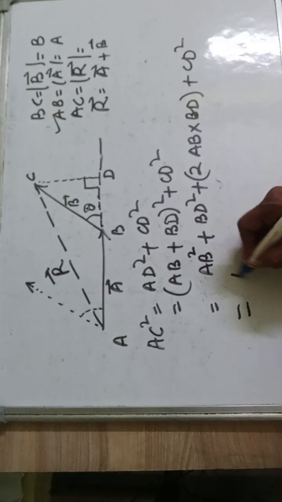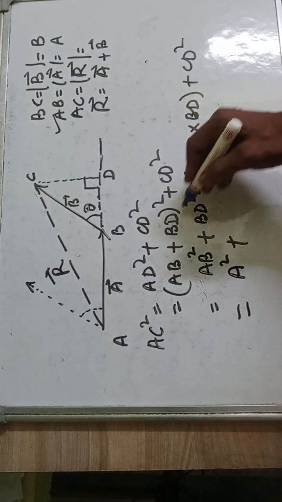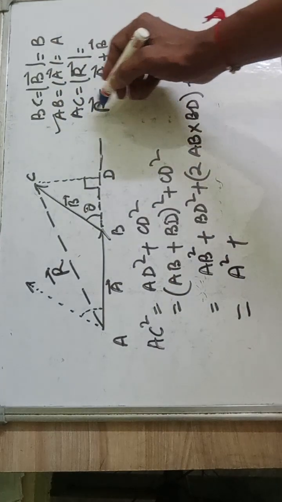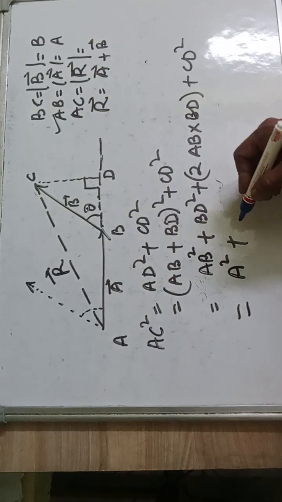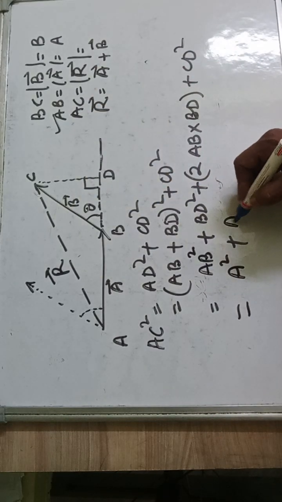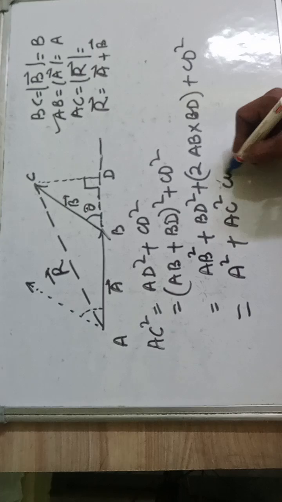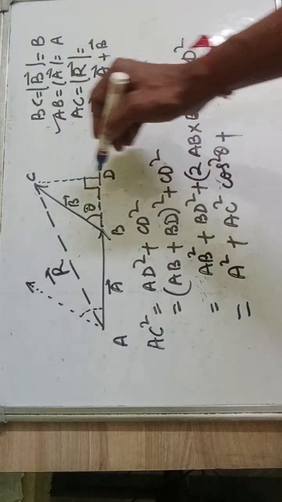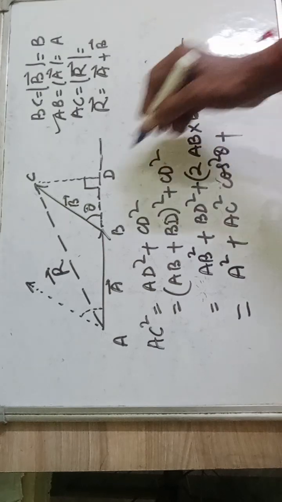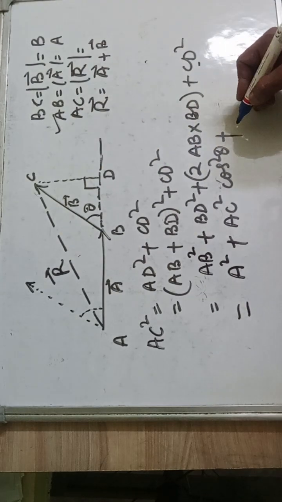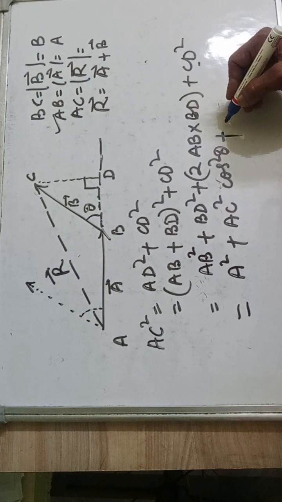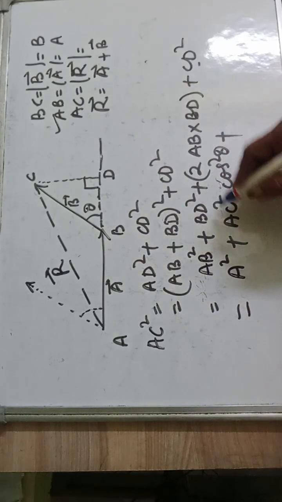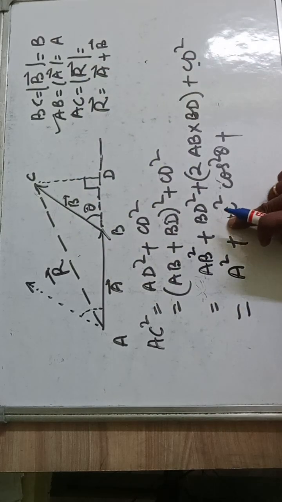Here AB is magnitude of A, or A square. BD is BC cos theta.